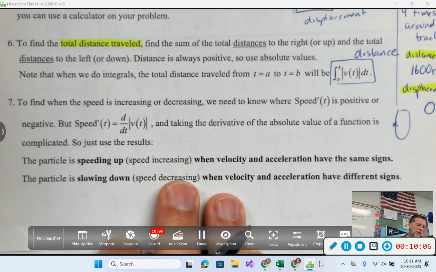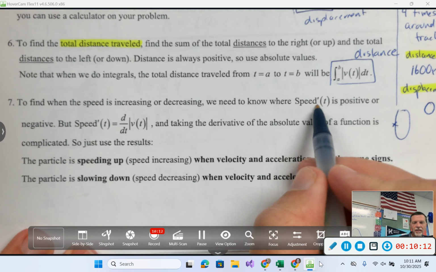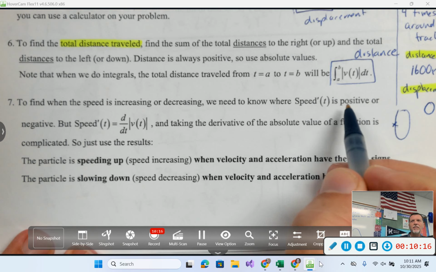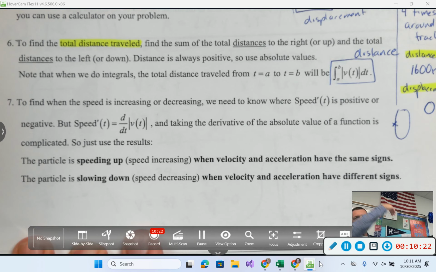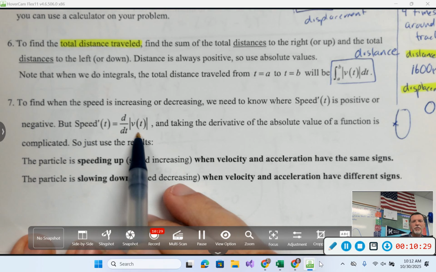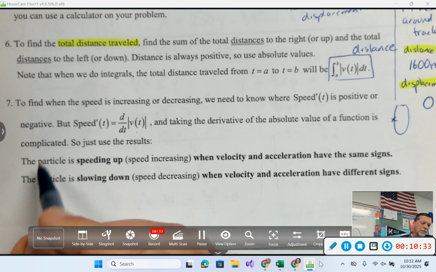To find when the speed is increasing or decreasing, we need to know where speed prime is positive or negative. Right? That makes sense. If the derivative of something is positive, that means you're increasing. If the derivative is negative, you're decreasing. But speed would be the derivative of the absolute value, and taking the derivative of absolute value is complicated.